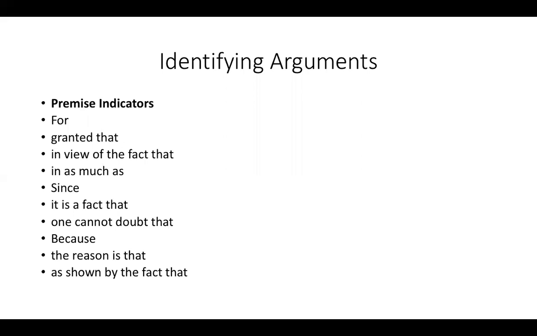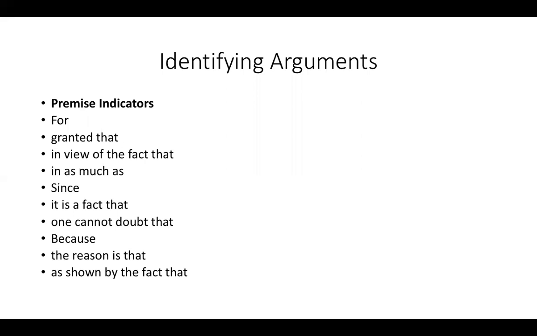Or a sentence starts by saying it is a fact that, then it means someone is providing information that wants to lead to certain conclusions. One cannot doubt that. Premises normally provide evidence. The job of premises is to provide reasons or information or evidence.